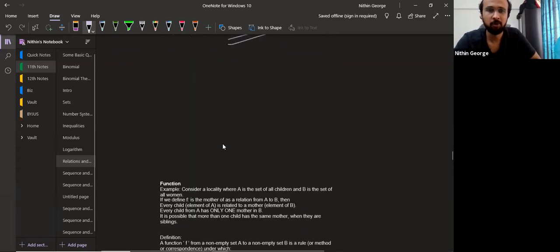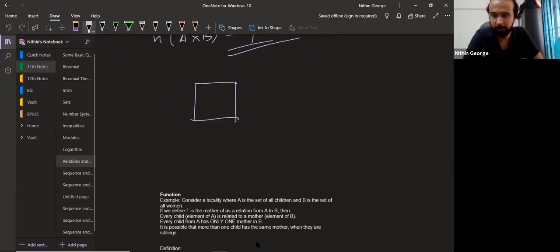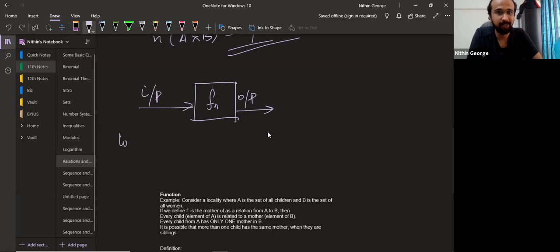No. Wait. A function. So I have enough time to introduce functions to you. Yes. Okay. A function is like a machine. It takes in an input and gives out an output. We have learned a few functions like log x to the base e, for example. So I'm talking in terms of function, in terms of one variable.